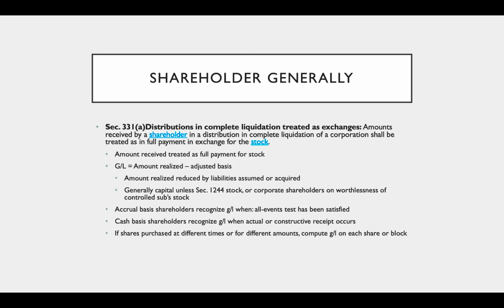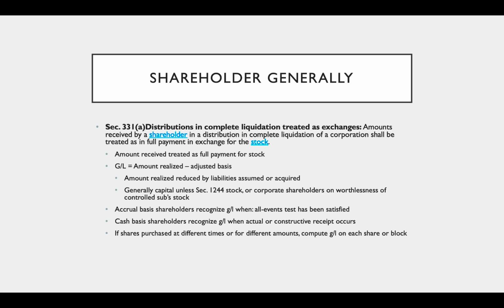Okay, Section 331(a) provides that distributions in complete liquidation are treated as exchanges, and the amounts received by a shareholder in a distribution in complete liquidation of a corporation shall be treated as in full payment in exchange for the stock. So this is basically what we said before. The amount received is treated as full payment for the stock, and the gain or loss is the amount realized minus the adjusted basis.